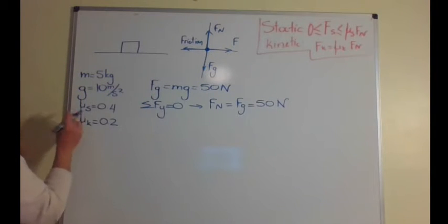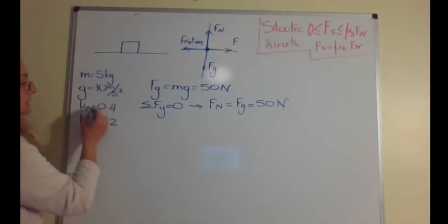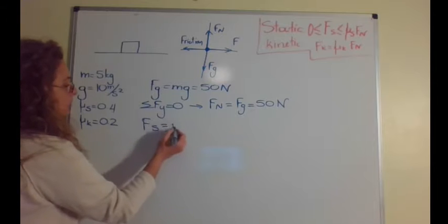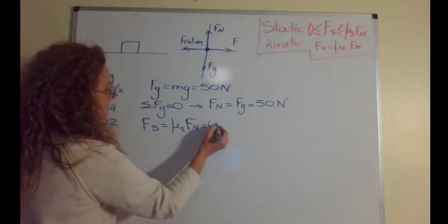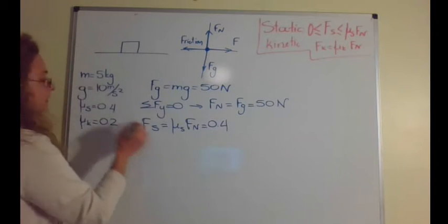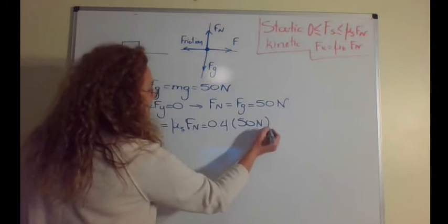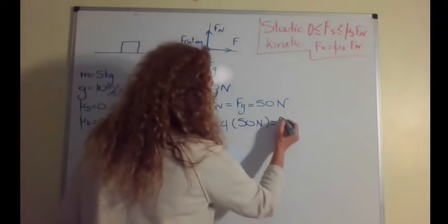That means that, if we know the coefficient of static friction, the static friction can go up to this, which is 0.4 times the normal force, which is 50, meaning this is 20 newtons.